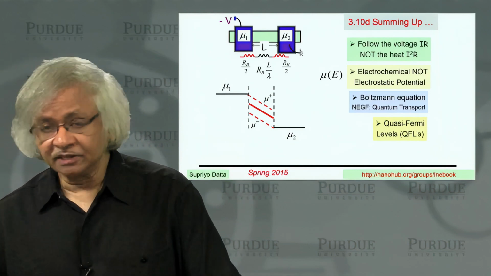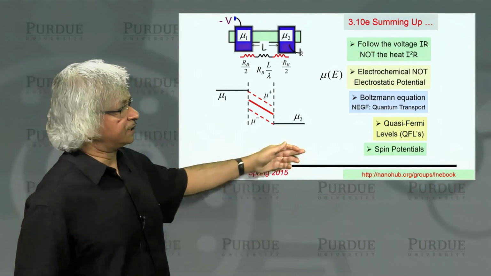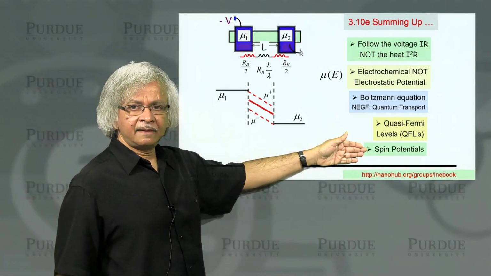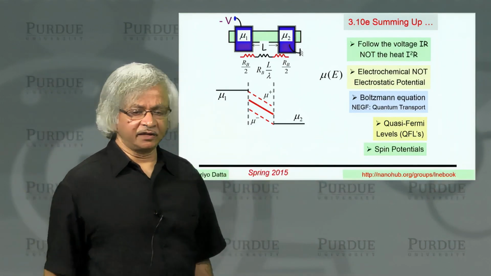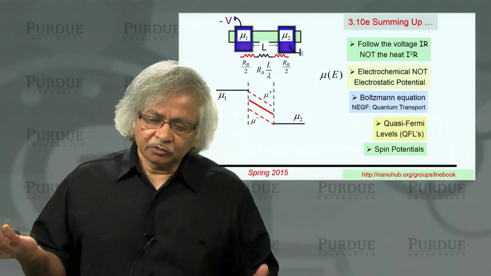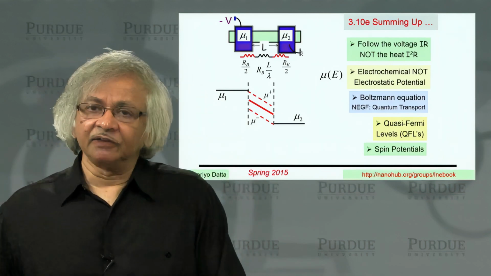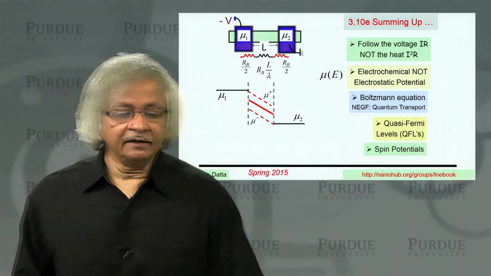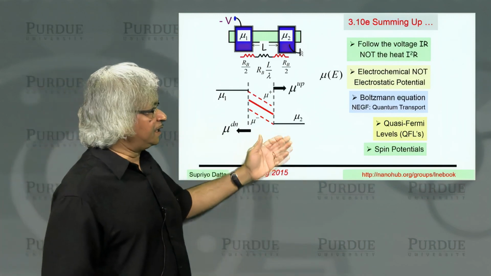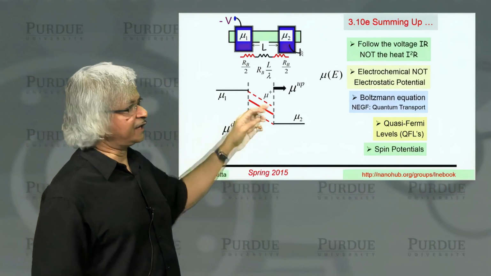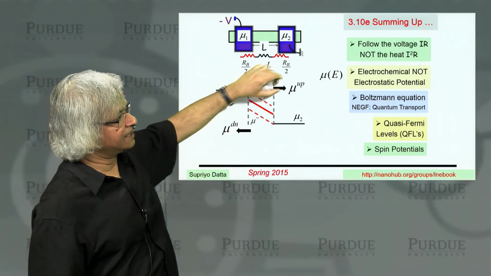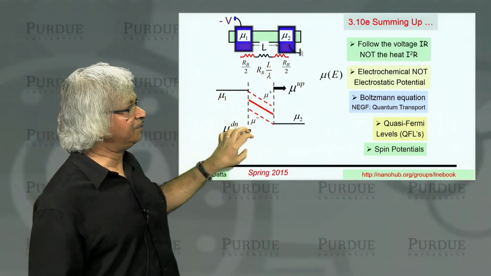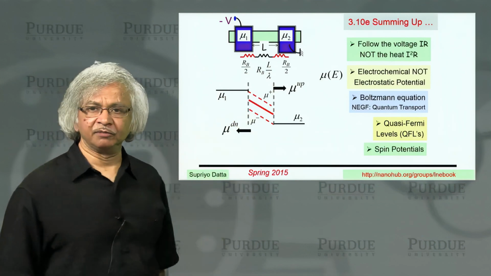We also talked about this idea of spin potentials. That is, in this whole field of spintronics, people talk about two different quasi-Fermi levels for upspins and for downspins. And in materials with spin-orbit coupling, I tried to explain how mu plus gets associated with mu up and mu minus could get associated with mu down.